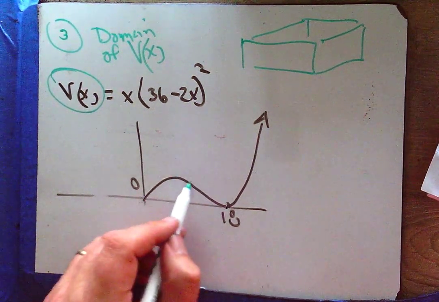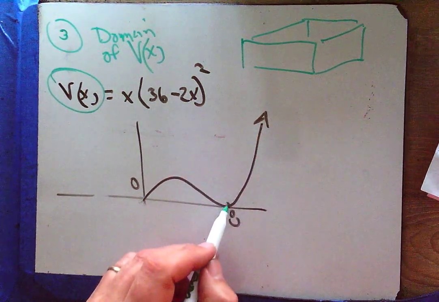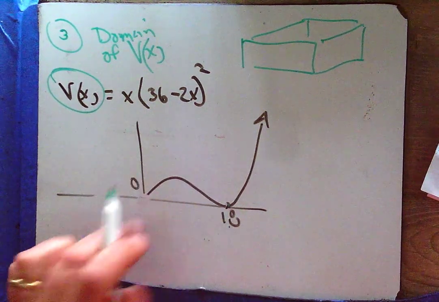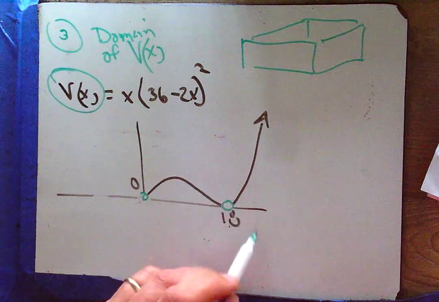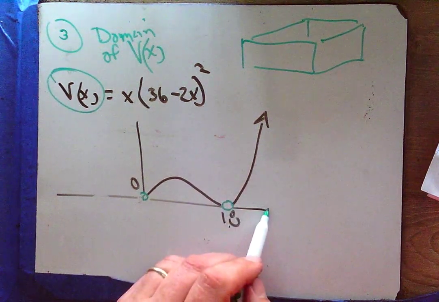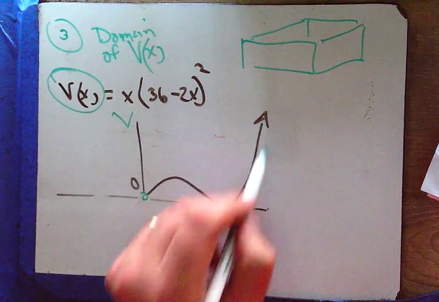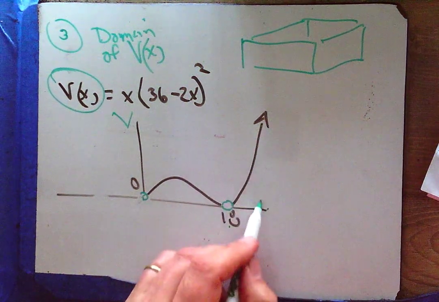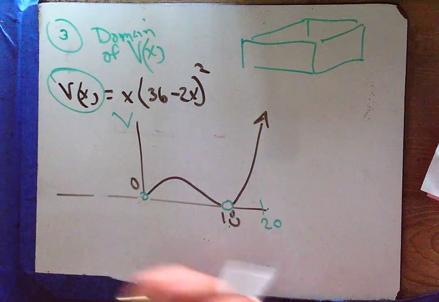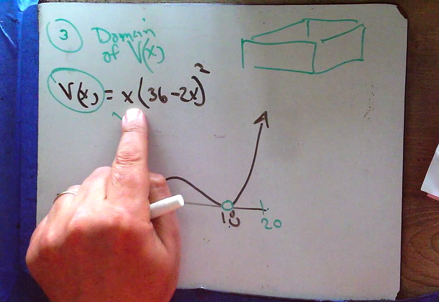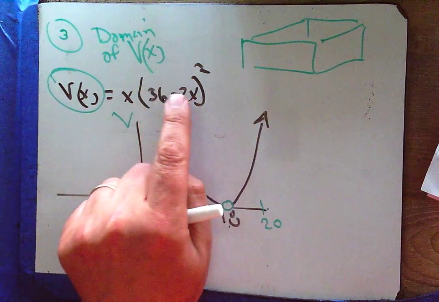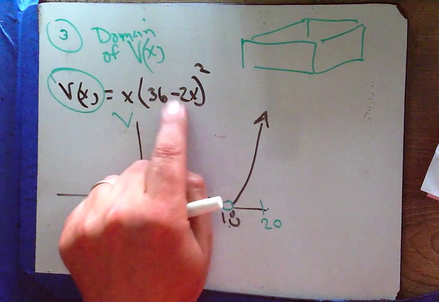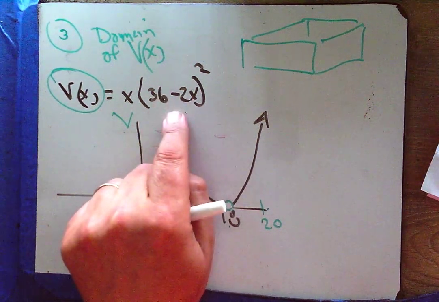Now, these are all positive volumes here, well, except at 18 where I have that 0 volume again, so that's not going to be any good. I want to include that point. But what about points after 18? The volumes are all positive numbers. What if I plug in a 20 here? Okay, 20 times 36 minus 2 times 20. 2 times 20 is 40. 36 minus 40 is negative 4.